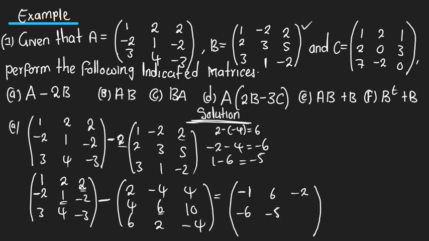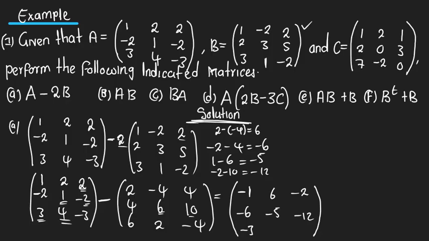It's negative 5. And there, are you understanding? Negative 2 minus 10. This is going to be like a negative 12. And we do this part, the last one. 3 minus 6 is going to be minus 3.